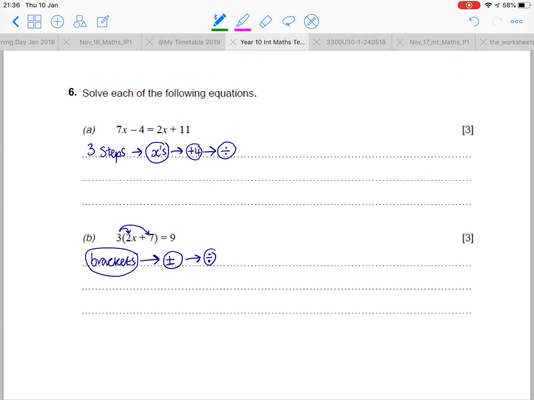3 steps for question 6. First step, look at the x's in the left hand and the right hand side of the equation, and the smallest number of x's you can remove is 2x. So to remove 2x, we actually subtract 2x on both sides.